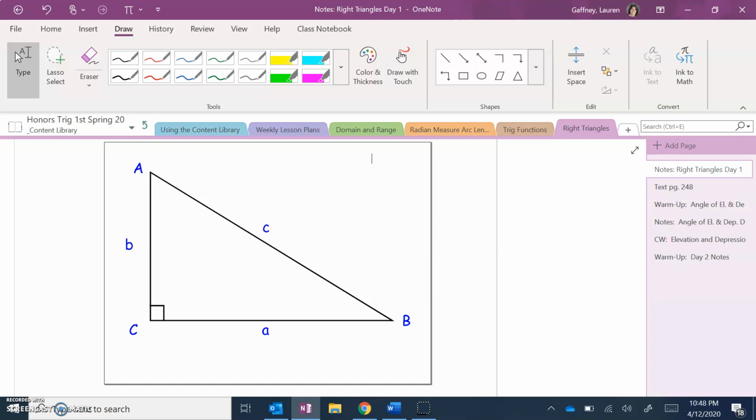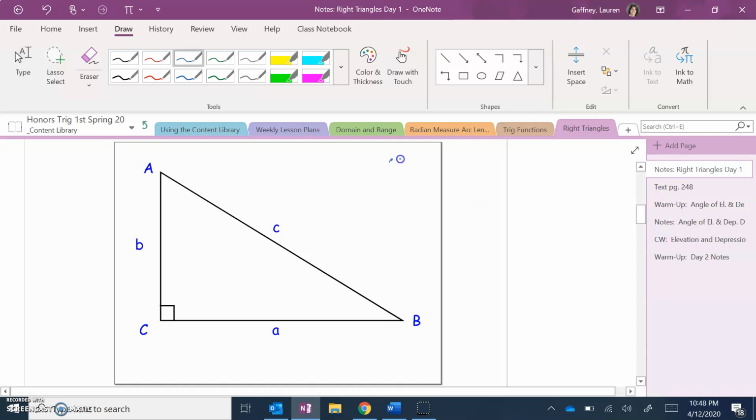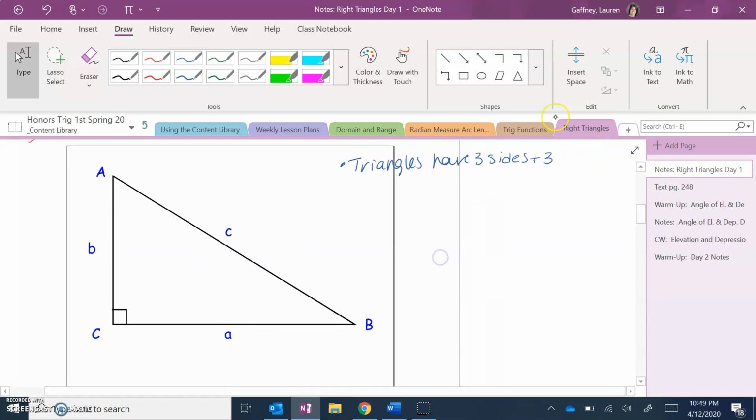Okay, so first of all, as you know, triangles have three sides and three angles.